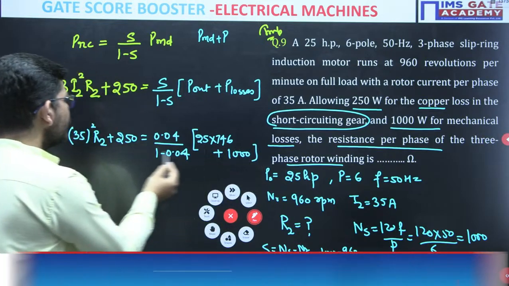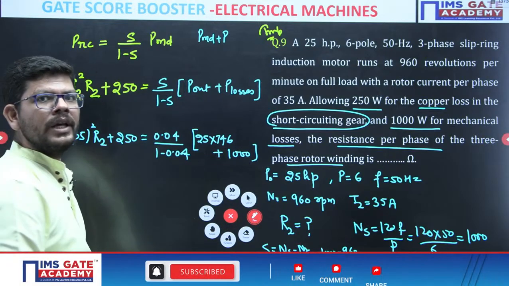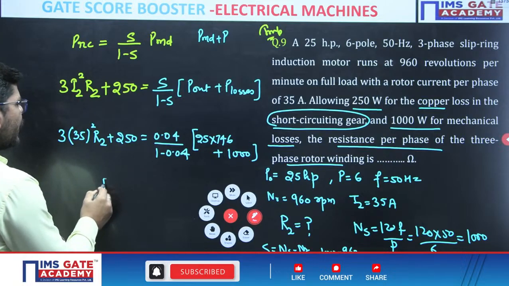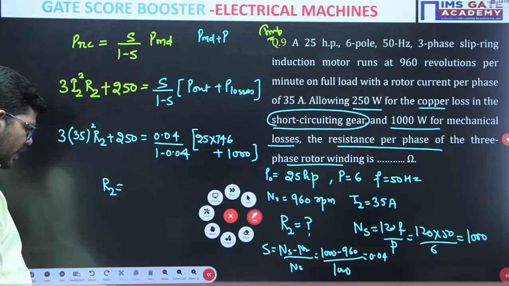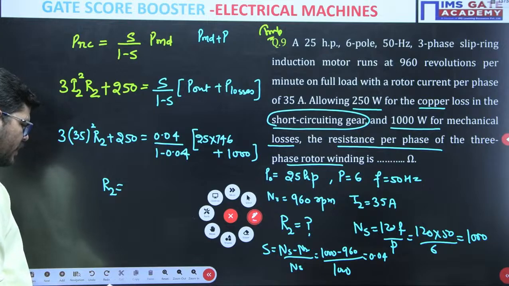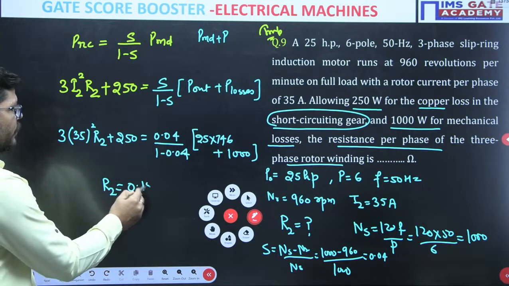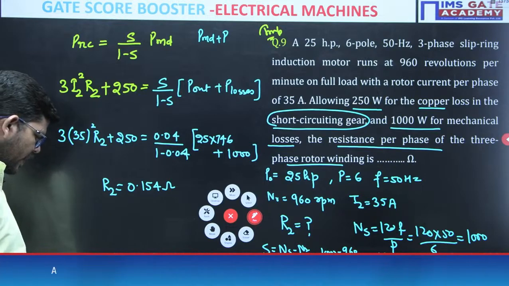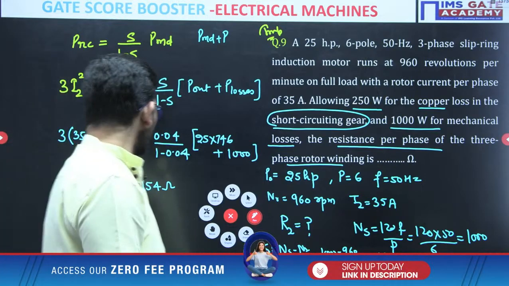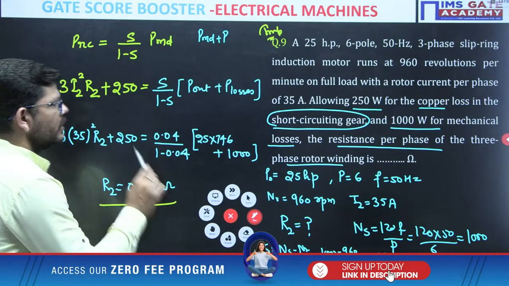Just see, in this equation you have only one unknown, and that unknown is the R2 value. Once you calculate it, you will get R2 as 0.154 ohms, and that will be the answer.